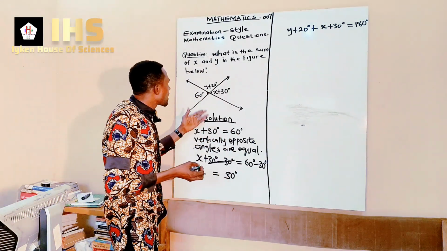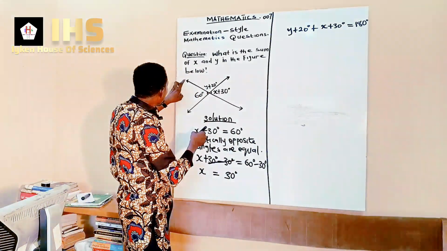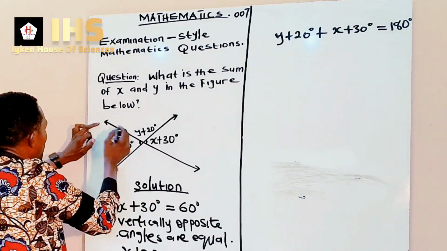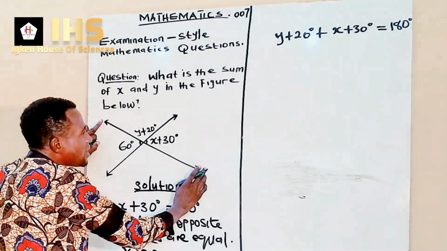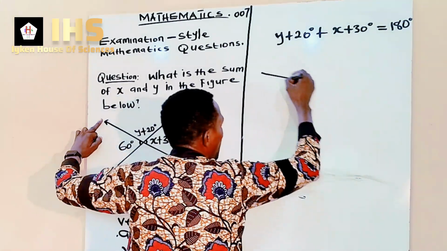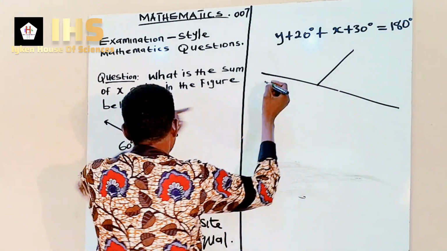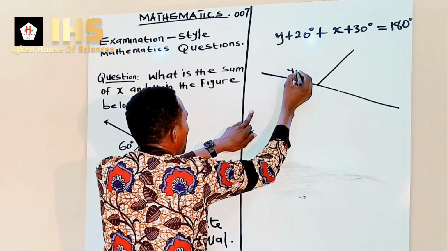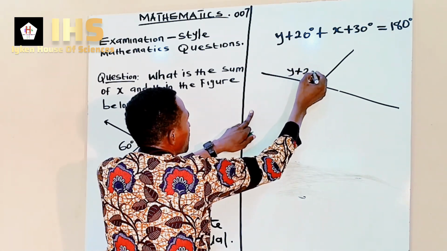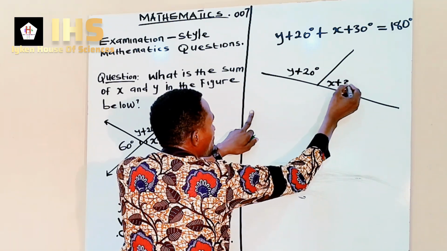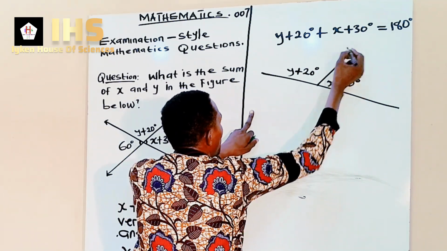You may be wondering how come. If you look here, this is a straight line. If I decided to label here A and B, then you agree with me that I have something like this and something cut across. And here is y plus 20 degrees, and here is x plus 30 degrees.